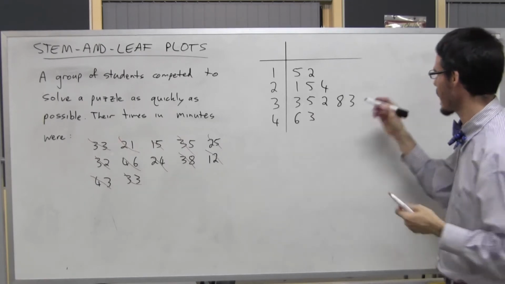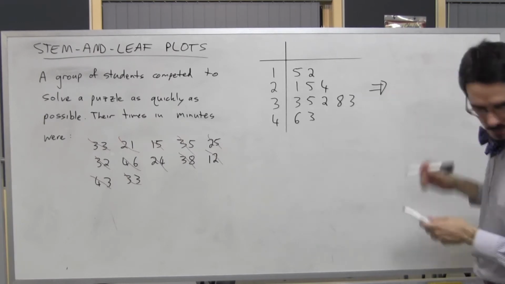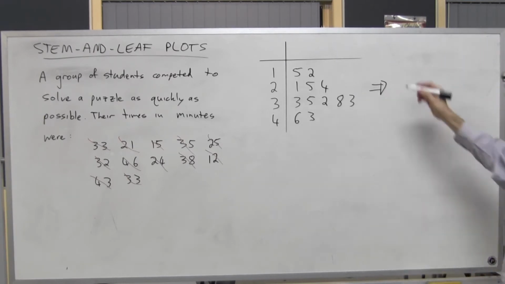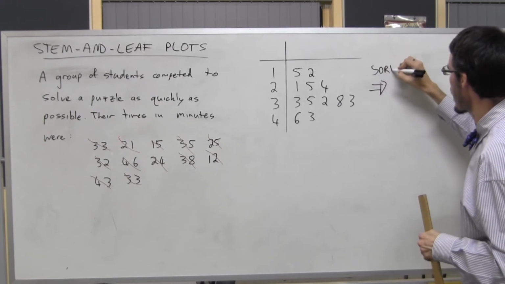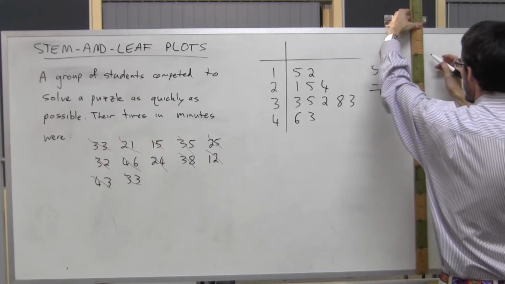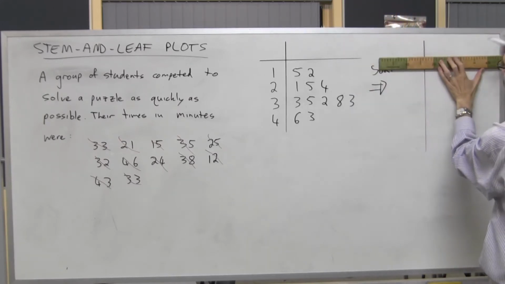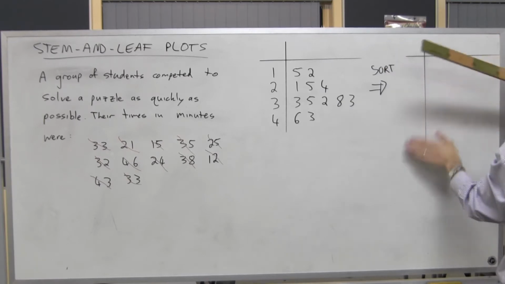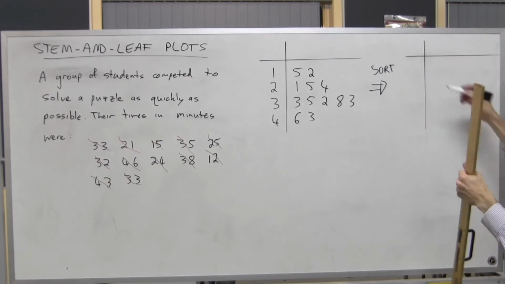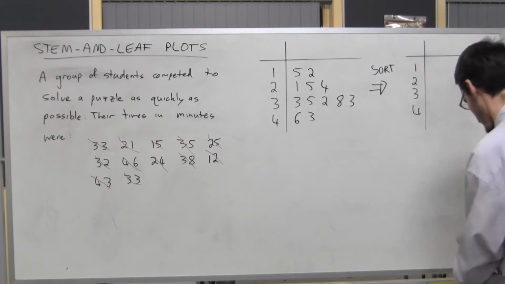I'll show you this one explicitly. Let's have a look. We're going to sort them, which will get us this list instead. So, 1, 2, 3, 4.